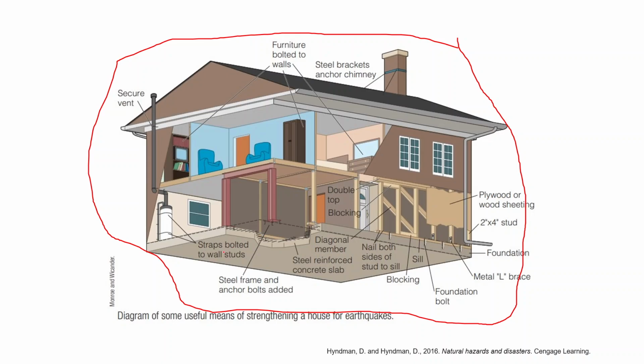Then these straps are bolted to the wall studs, so you can see these straps are there. Then the steel frame and anchor bolts are added, so the structure can stay intact. It will not collapse that easily. If it's a huge magnitude earthquake, then that can also cause some issues, but otherwise these are sufficient to hold the structure.